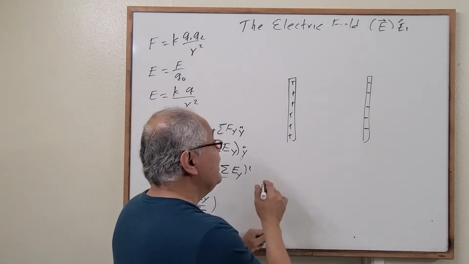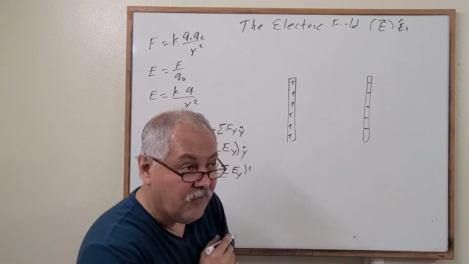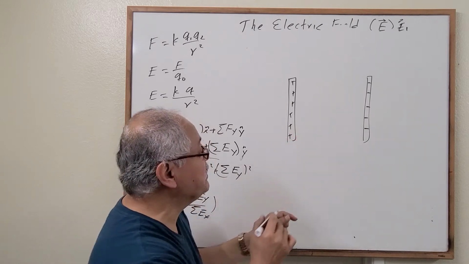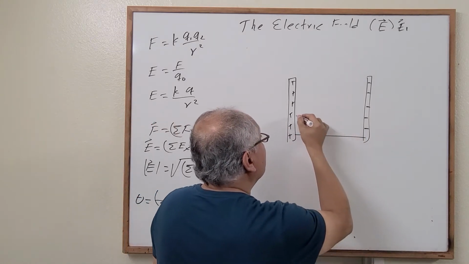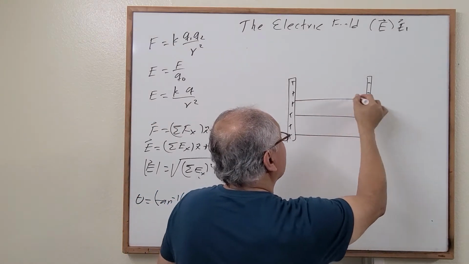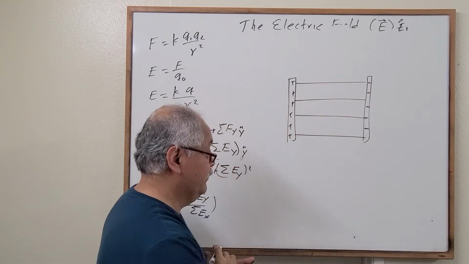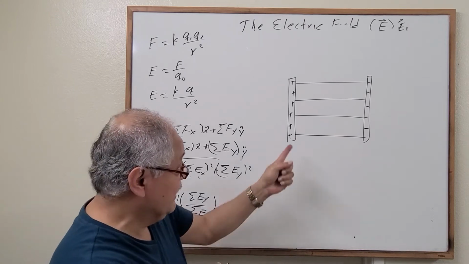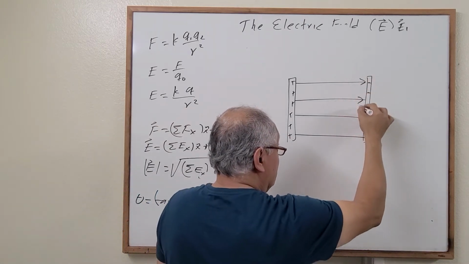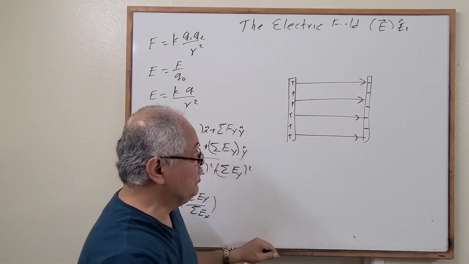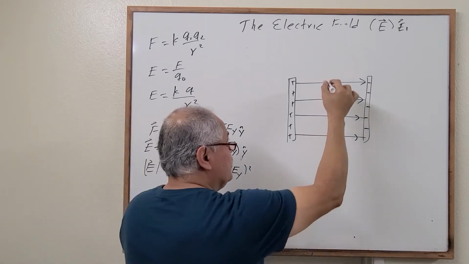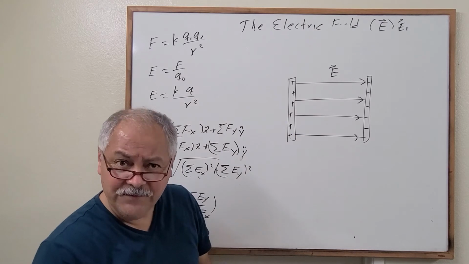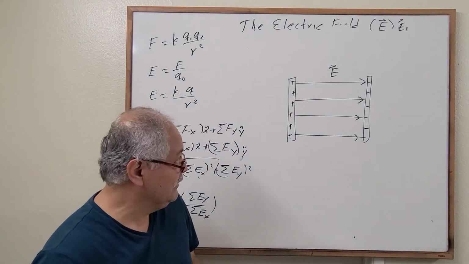Remember, the lines of force, or the electric field, must be perpendicular to the surface. It's going to be perpendicular, perpendicular, perpendicular. And according to our convention, the lines of force leave positive charges and go to negative charges. So this is the electric field. And as you can see, this is a constant electric field. It's very important.